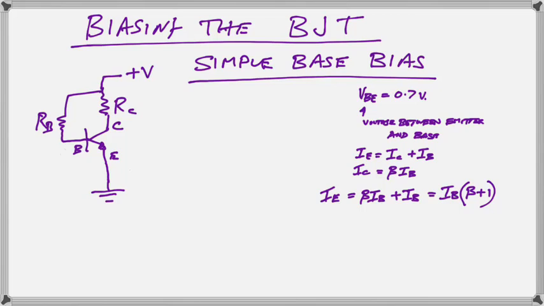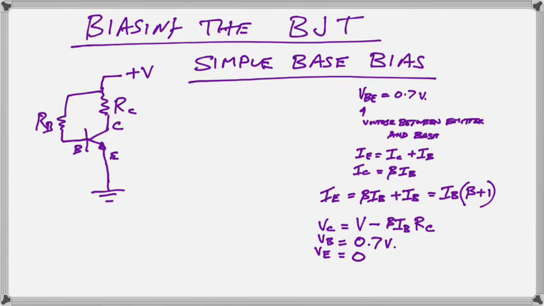It's useful to do that since we have basically beta times IB and another IB, and they're joining together here. It's obvious we are going to end up with beta plus 1 IB as the emitter current. So that's just an alternative statement for the emitter current.